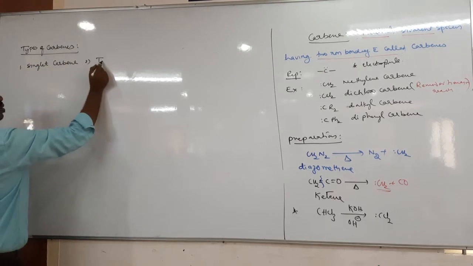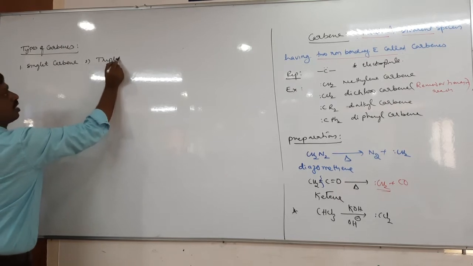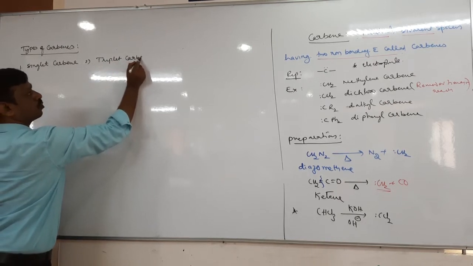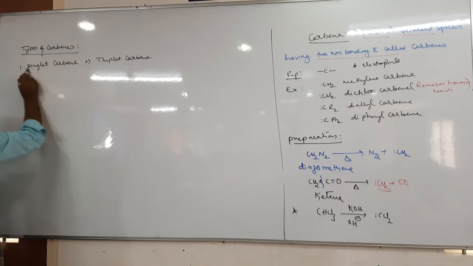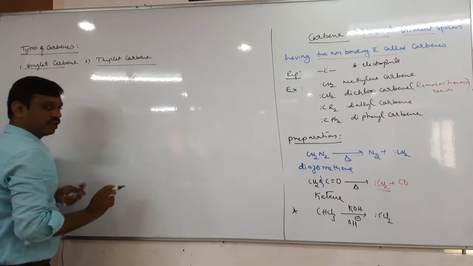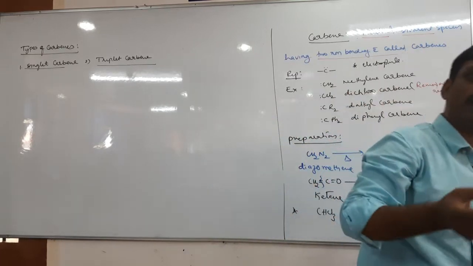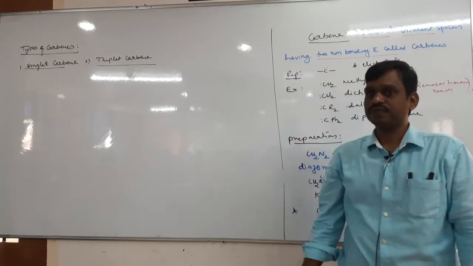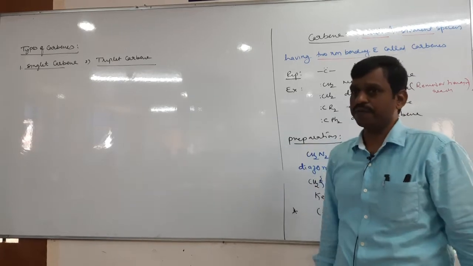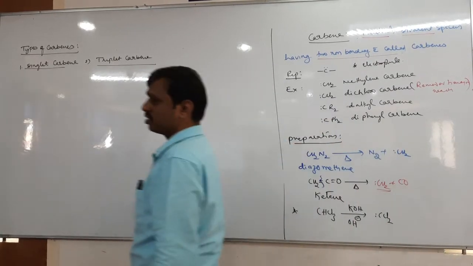Two, triplet carbene. It is based on spin multiplicity. So based on spin multiplicity, they are classified into singlet and triplet. Okay, what is spin multiplicity? We will study. Let's say first is singlet carbene.